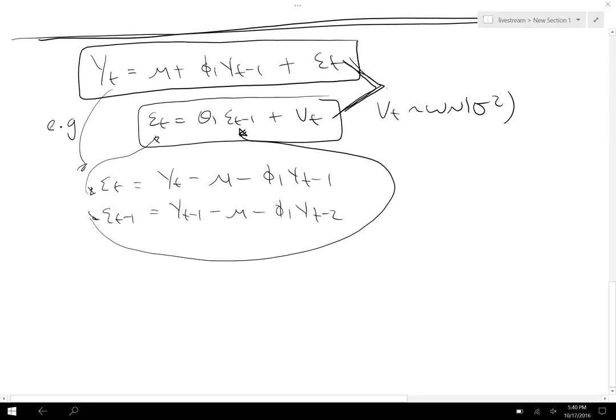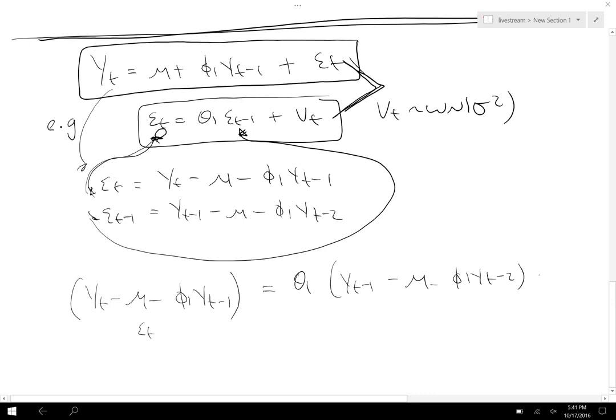Plug this into the left hand side, and we get y_t minus mu minus this, which is epsilon_t, equals theta_1 times epsilon_{t-1}, that is y_{t-1} minus mu minus phi_1 y_{t-2}, plus v_t.